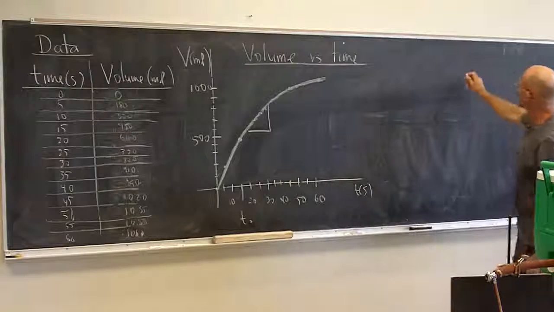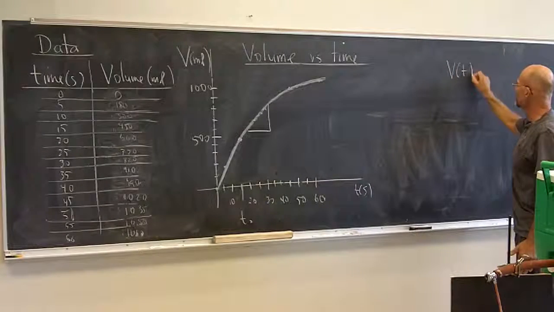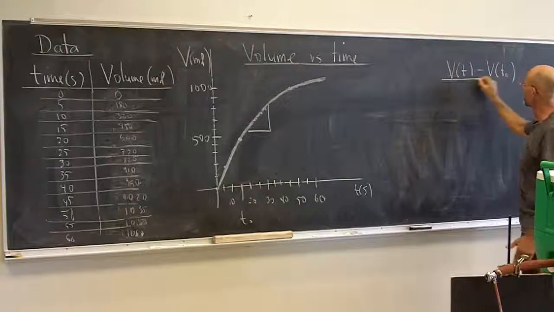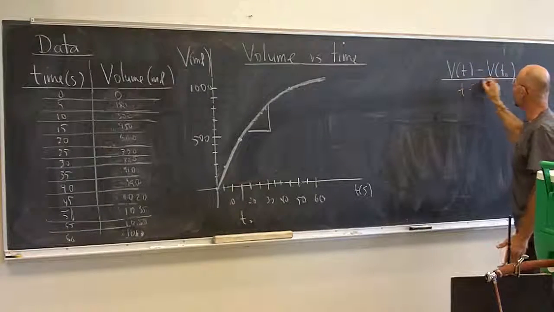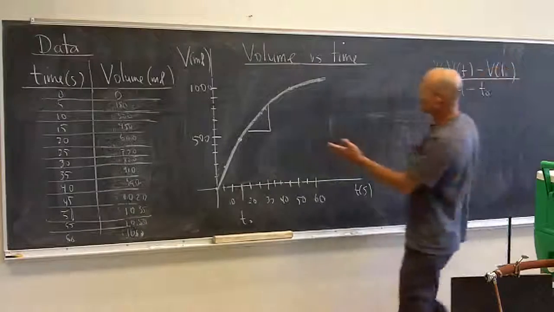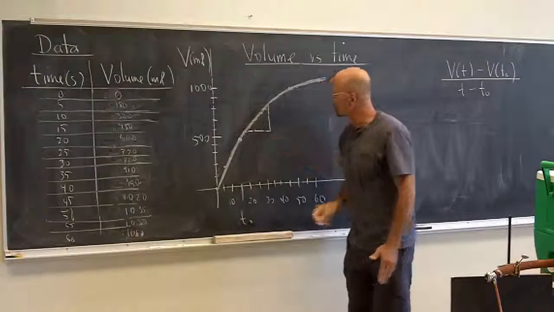The difference quotient will be V of t minus V of t0. That's the difference in the volumes. t minus t0 is the change in time. That represents the slope, or the slope of the hypotenuse of this triangle right here.